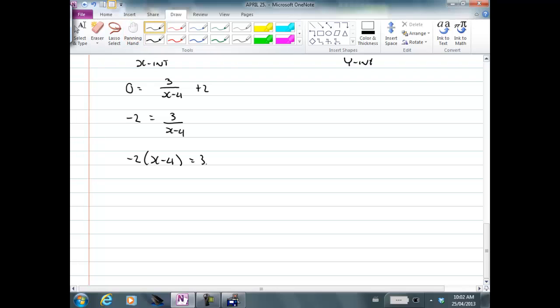Now, I can bring the negative 2 over. So, x minus 4 equals 3 over negative 2. You can go ahead and use the decimal system you want. So, this is going to be x minus 4 equals negative 1.5. X equals, now I move the 4 over, and you should have 2.5, I believe.